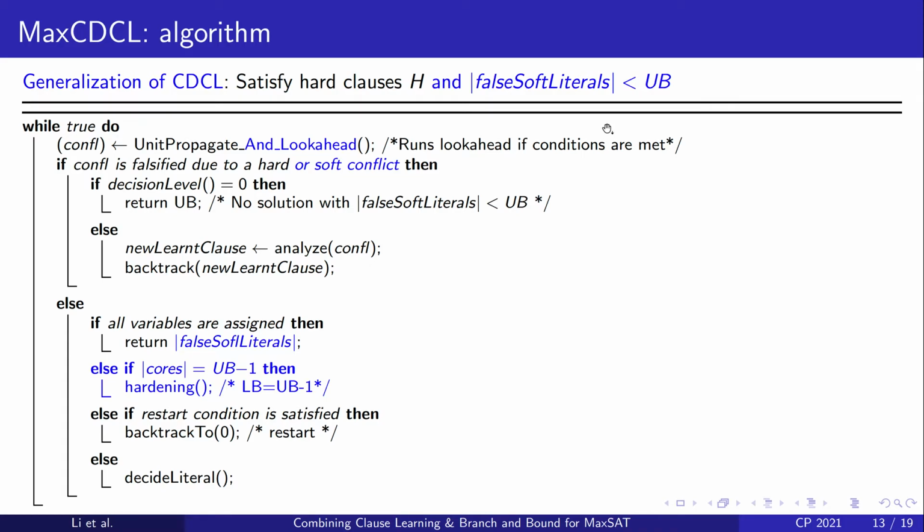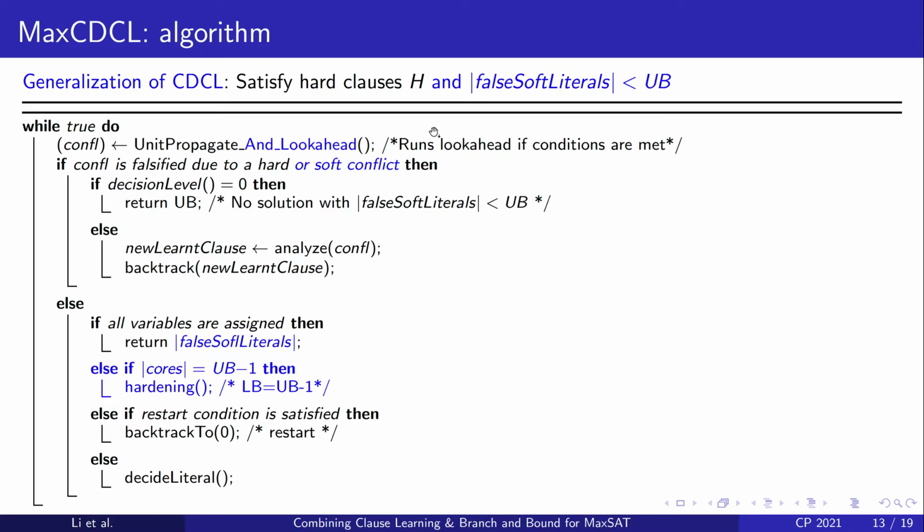So, the first difference that we can observe is that this algorithm is not only for solving a set of hard clauses, but we also want that the solution has a cost smaller than a given upper bound. And if we find a solution, we will not just say that the formula is satisfiable, but we will say what is the cost of the solution that we have found.